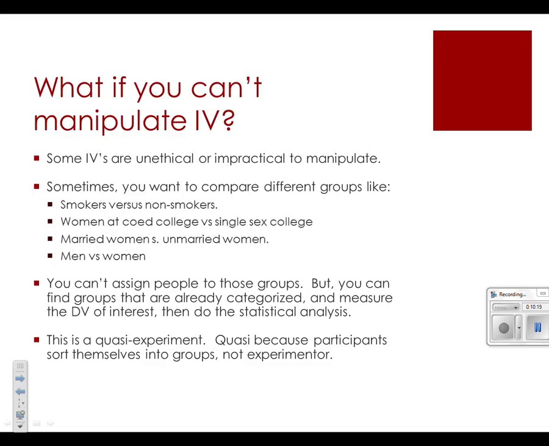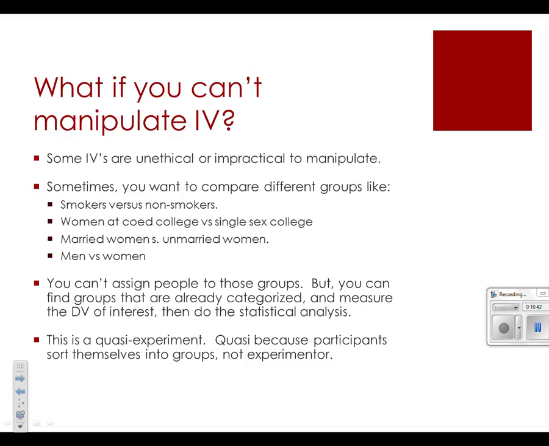There are enough known dangers of cigarette smoking that no ethics committee is going to let you ask someone who is not smoking to begin for the sake of the experiment. They're very likely to get hooked on cigarettes and not be able to stop, and that will be detrimental to their health. That is going to do harm to them. You simply wouldn't be allowed to do that.